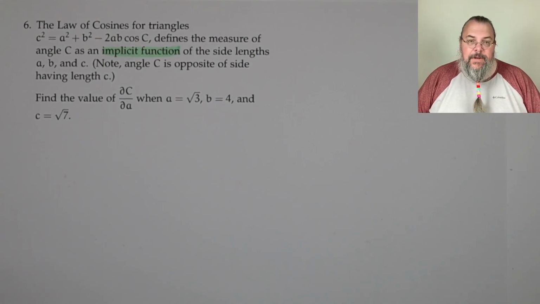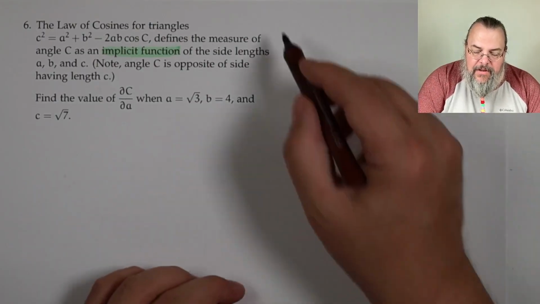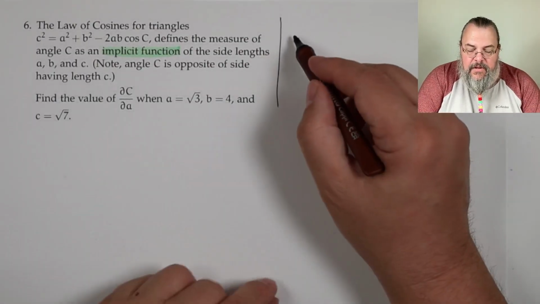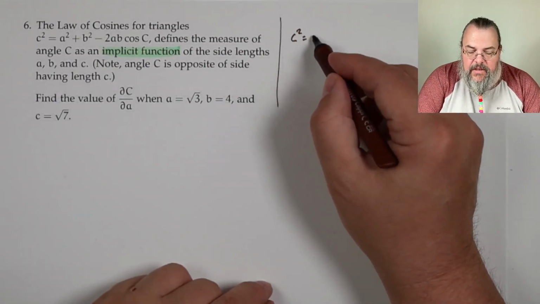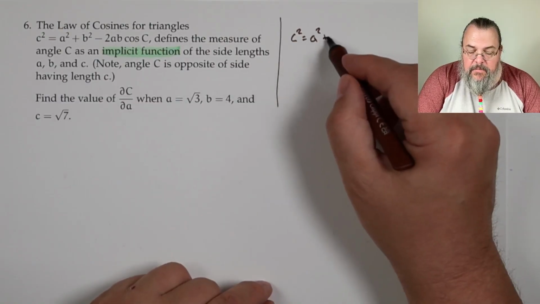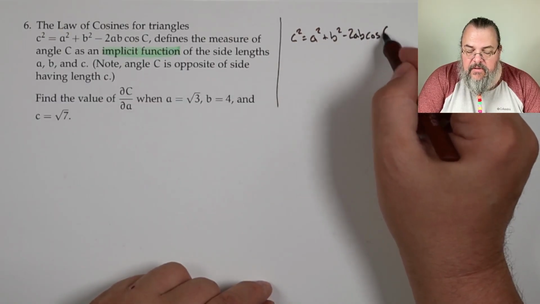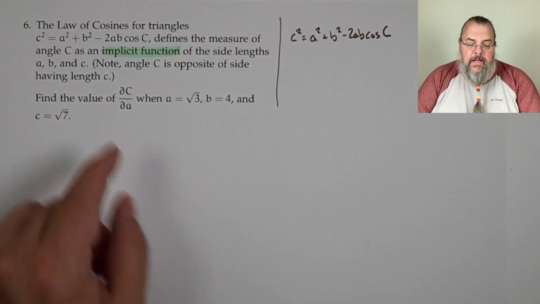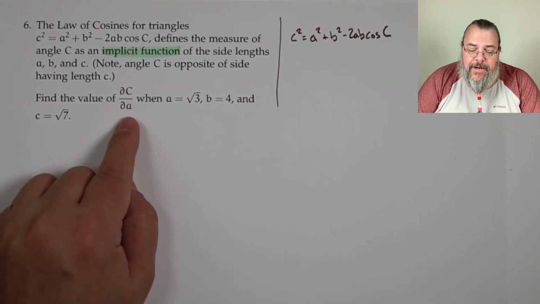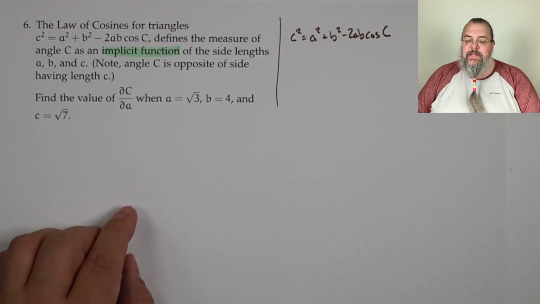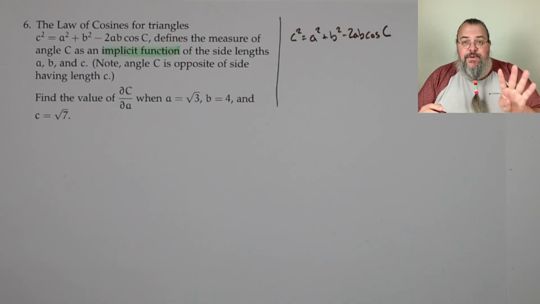Now, what we have here is the following. We have c squared, I'm going to write this down again, a squared plus b squared minus 2ab cosine C. And notice we're going after partial C, partial a. So there's 4 symbols here.